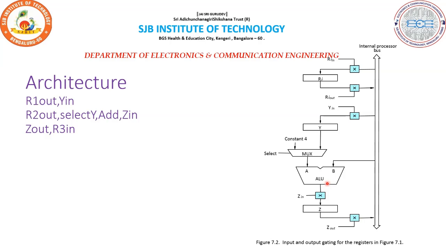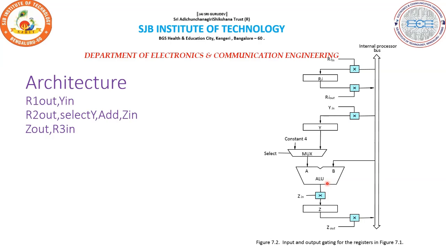The function performed by the ALU depends on the signal supplied to its control lines. In this case, the add line is set to 1, causing the output of the ALU to be the sum of the two numbers A and B, and the sum is loaded into the register Z because the input control line is activated. Step 3 is the content of Z transferred to the register R3.